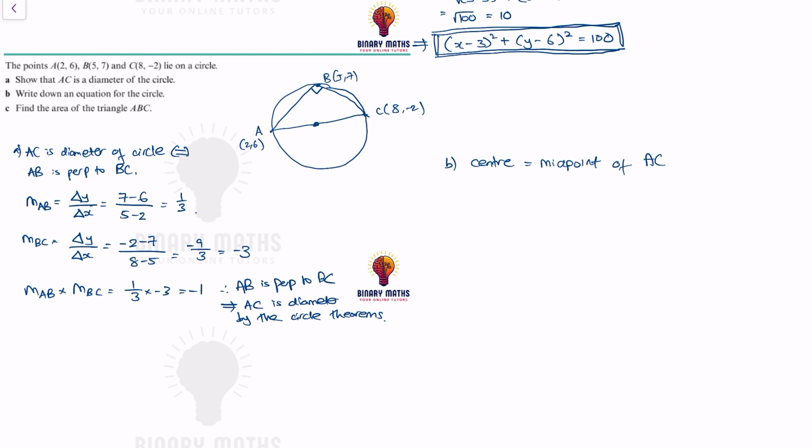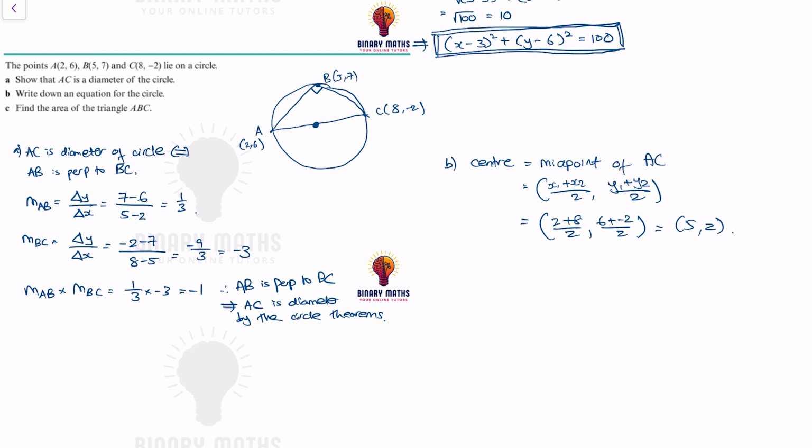So I need to work out x1 plus x2 divided by 2, y1 plus y2 divided by 2, which is 2 plus 8 divided by 2, and 6 plus minus 2 divided by 2, which gives me a value of 5, 2.